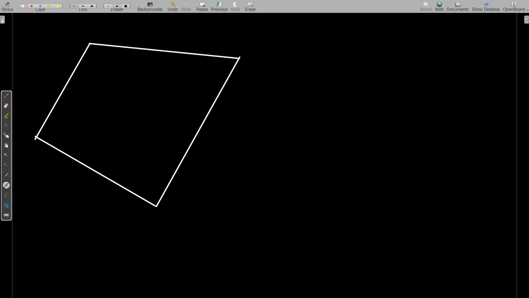Now I just did this because I wanted you to see what it looks like. So let's say this is our AC, and on AC we have E, which is the midpoint. E is the midpoint of AC.